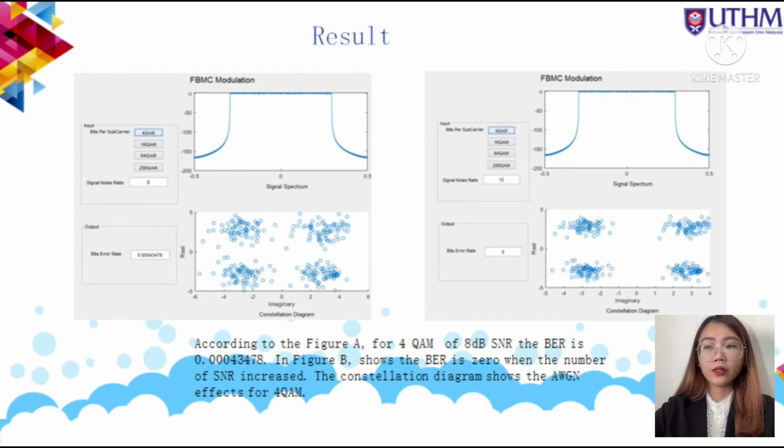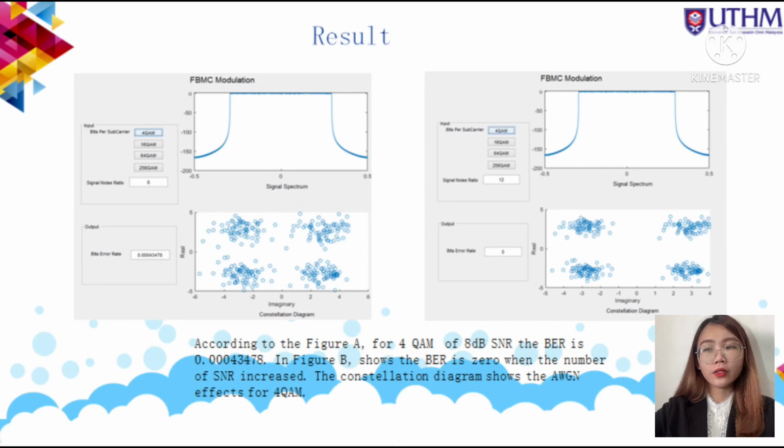On the right side, the BER is 0 when the SNR is increased. The constellation diagram shows the AWGN effects for 4 QAM.